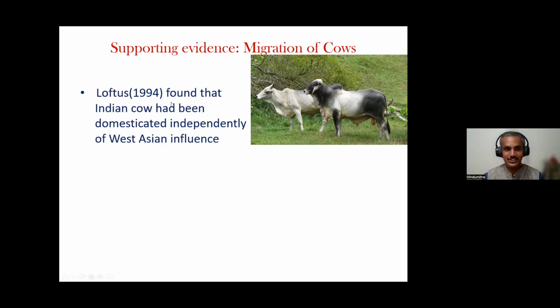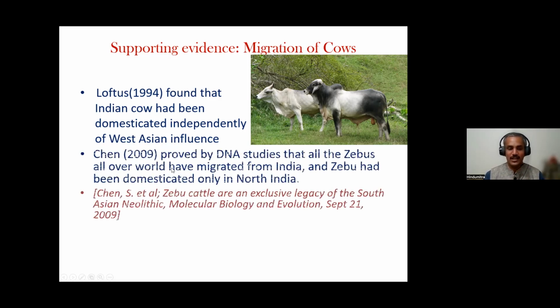The first paper of interest came in 1994 by Loftus. He said that the Indian cows had been domesticated independently of Western influence, because the West always likes to take credit for everything. But he refuted that and said that cows were domesticated in India independently of Western Asian influences. Then other studies came out.